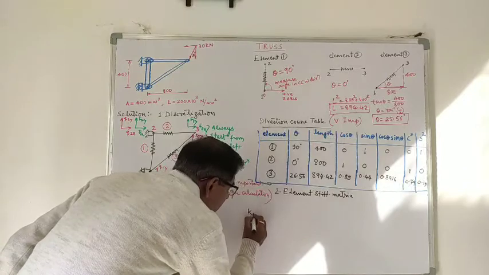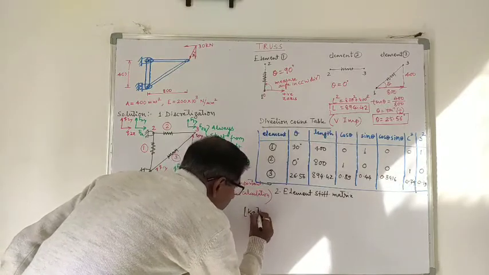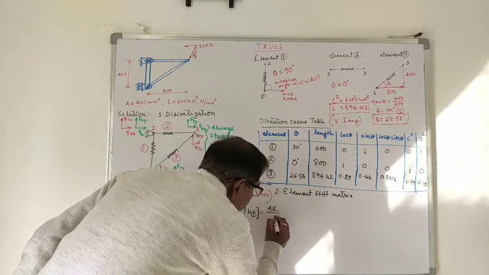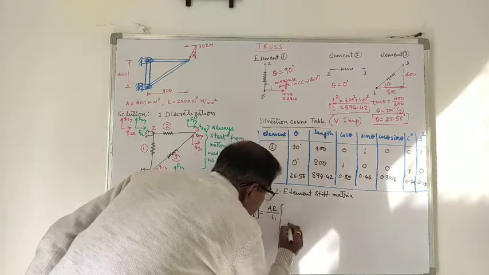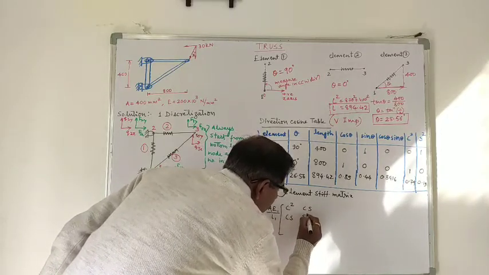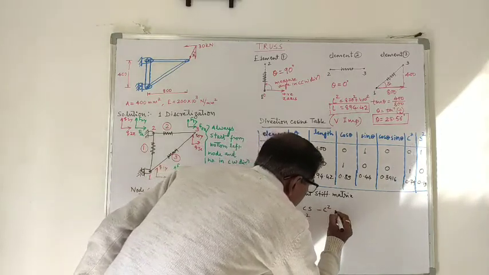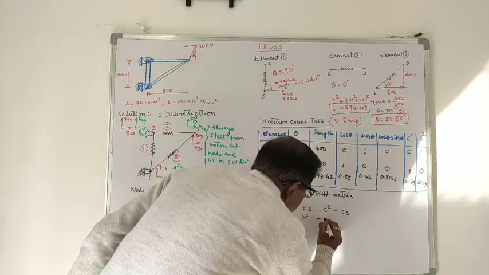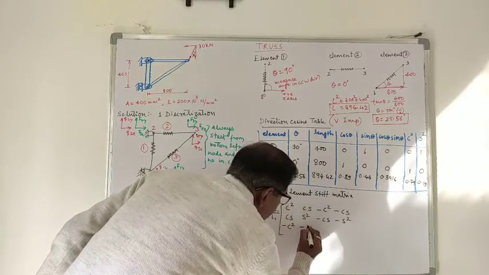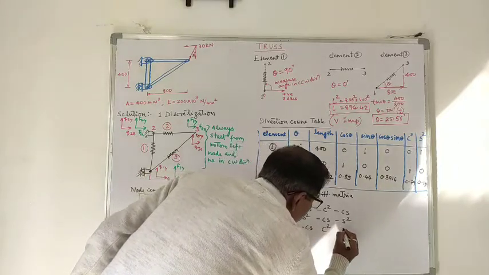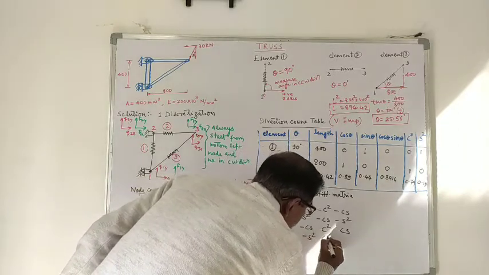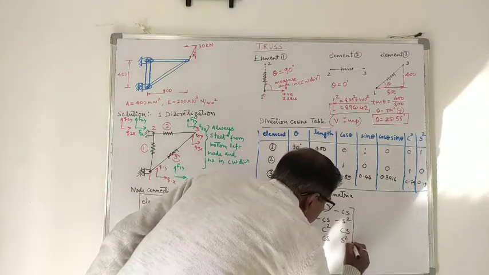The element stiffness matrix for the first element is calculated as AE by L, or A1 E1 by L1, times the matrix: C square, CS, S square, minus C square, minus CS; minus CS, minus S square, minus C square, minus CS; C square, CS, minus CS, minus S square; CS, S square.